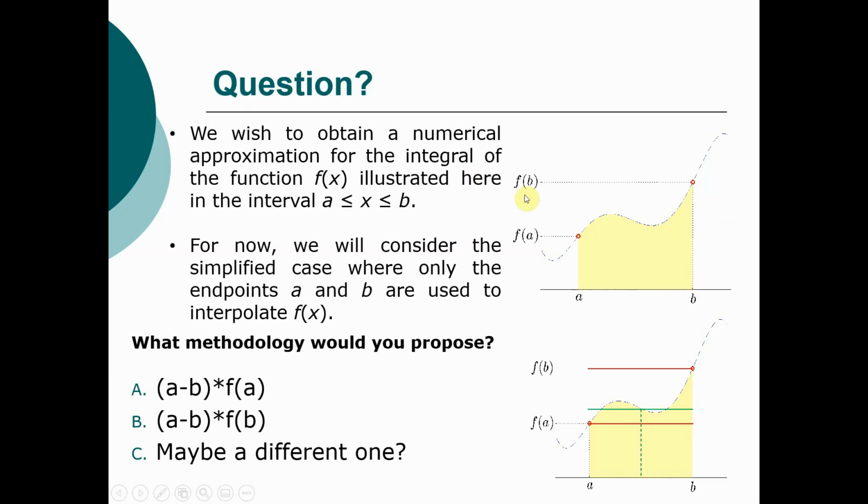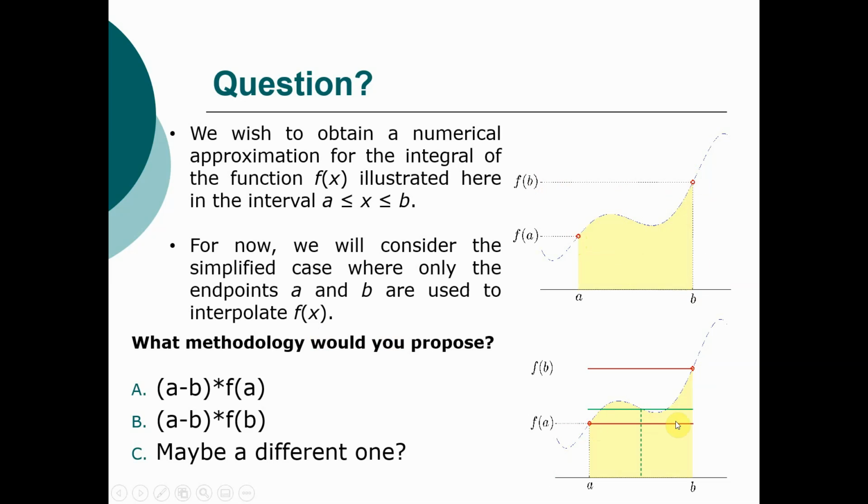What constant should we use? This function changes all the time between a and b, right? So in one case, we can choose that constant to be f of a, the value of the function at the starting point of the interval. Another method would be choosing f of b as the constant.